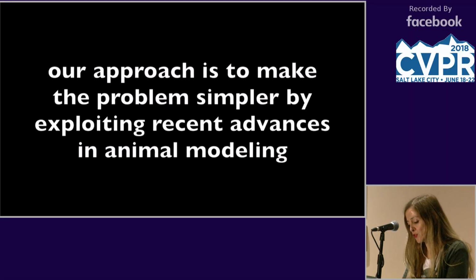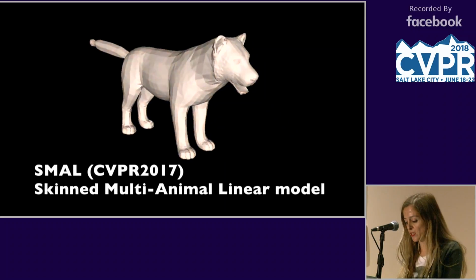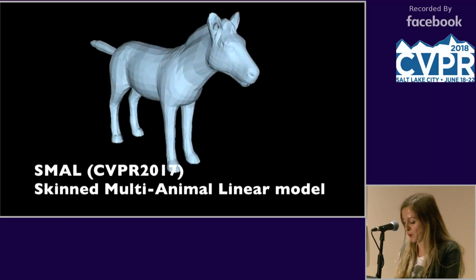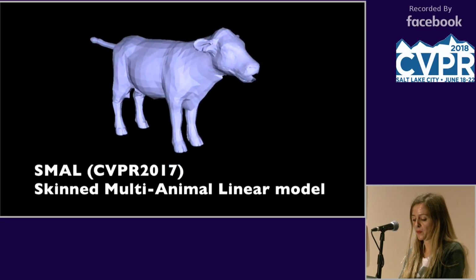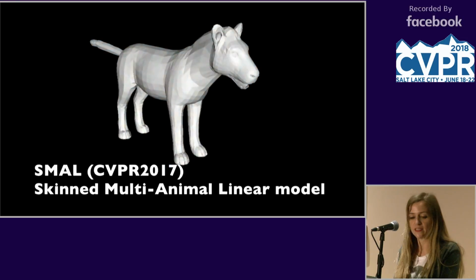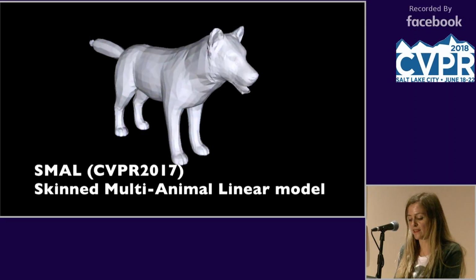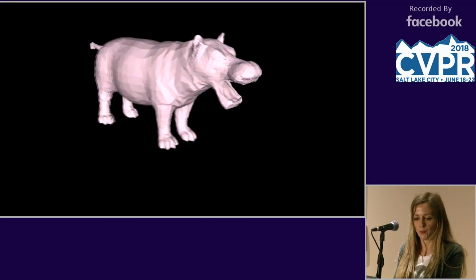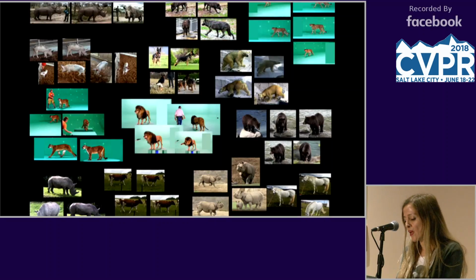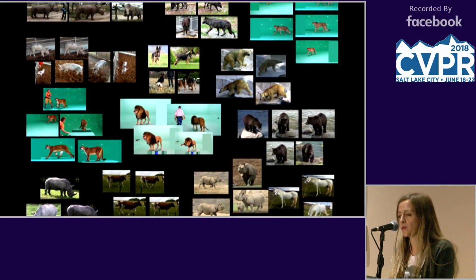So our approach is to make the problem simpler by exploiting recent advances in animal modeling, and specifically we use a 3D articulated shape model that can generate 3D shapes from 5 different families, like horses, big cats, cows, dogs, and hippos.